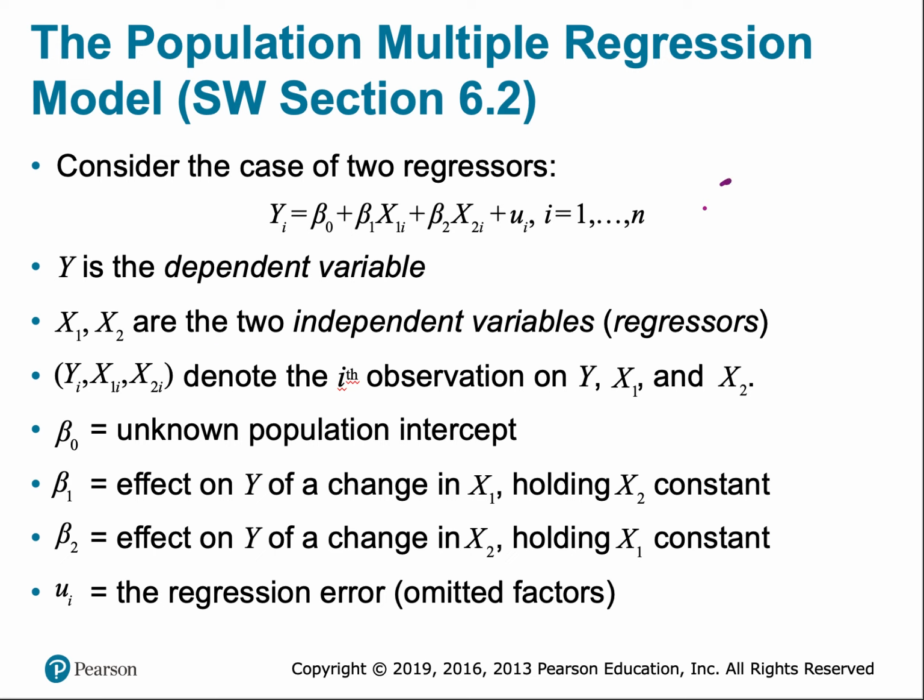Let's call this equation 1, where yi is equal to beta naught plus beta 1 times x1i plus beta 2 times x2i plus ui for i equals 1 through n, where y is the dependent variable, x1 and x2 are the two independent variables. These are the regressors. Collectively, yi, x1i, and x2i denote the ith observation on y, x1, and x2.